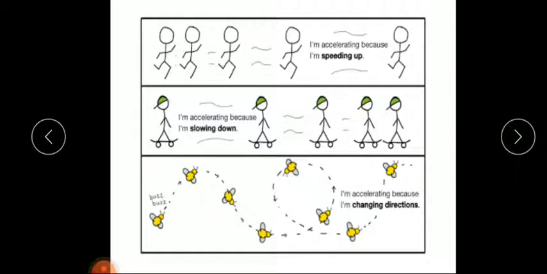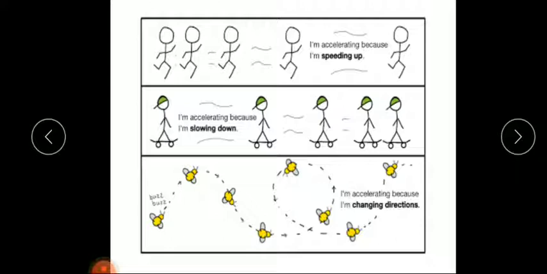So let us see what is acceleration. Here you can see three cases. In the first case, a person is running, in the second case a person is skating, and in the third case a bee is flying. Initially the person moves slowly, later he increases his speed or velocity, and the person is saying, I am accelerating because I am speeding up.